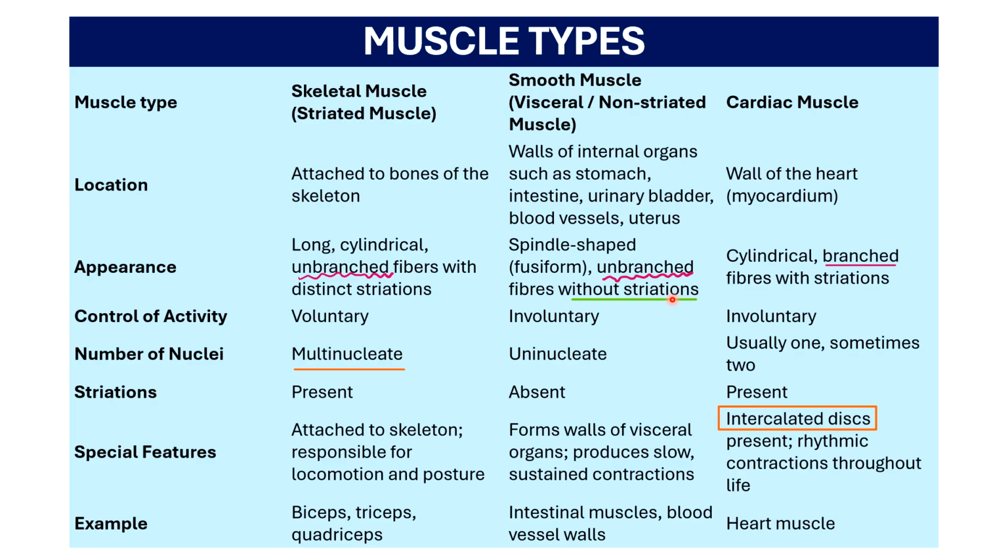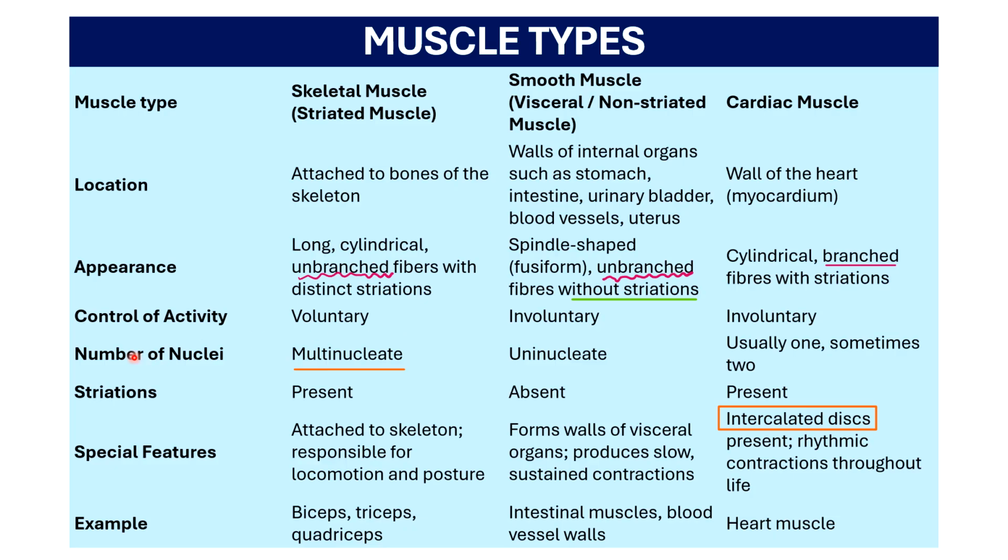and do not present any striations. Now, control of the activity: whether we can control the activity of the muscles using our will or not. Skeletal muscles only can be controlled by our will, or are voluntary in nature, but both smooth muscles and cardiac muscles are involuntary.